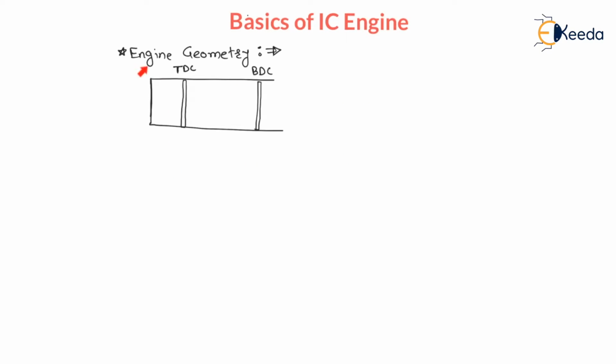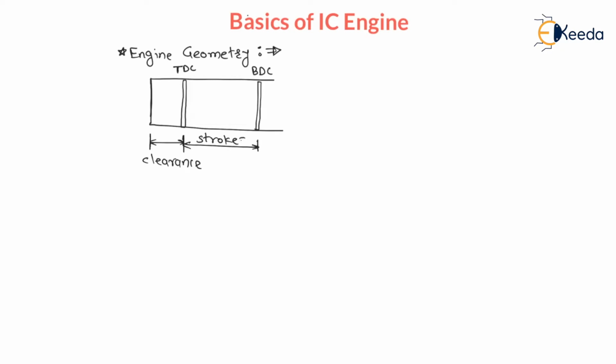Now let us understand engine geometry. Here you will find the cylinder and the piston reciprocating inside the cylinder between top dead center and bottom dead center, between these two extreme positions. From the head of the engine to top dead center, this distance is clearance. Whenever the piston moves from one dead center to the other, it is considered as a stroke.